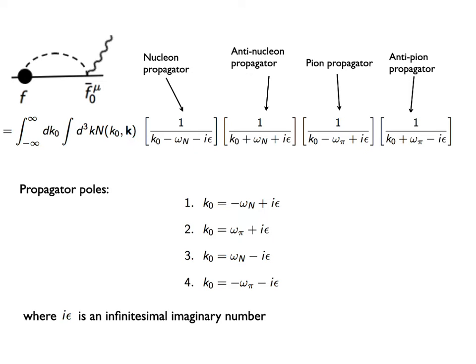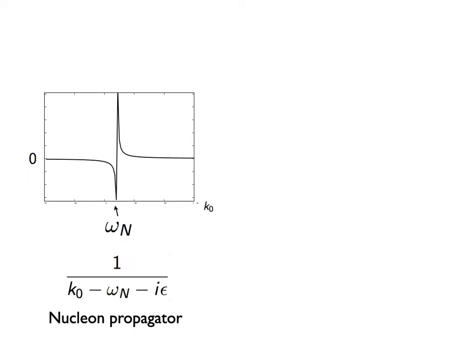The real part of the nucleon propagator, for example, goes like this with k0, which sure looks like it goes to infinity, and if a computer tried to integrate over the top of these bumps, it would either produce a nonsensical number or a nonsensical error message, such as floating divide by 0.